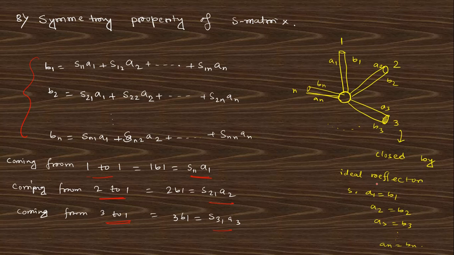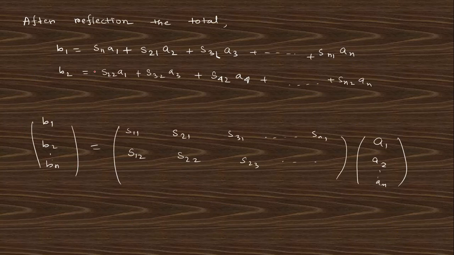So ideally for reflection, if we put A1 equal to B1, A2 equal to B2, and so on, you can write in this form: B1, B2, B3 and Bn equal to S11, S21, and so on up to Snn times A1, A2 and so on.